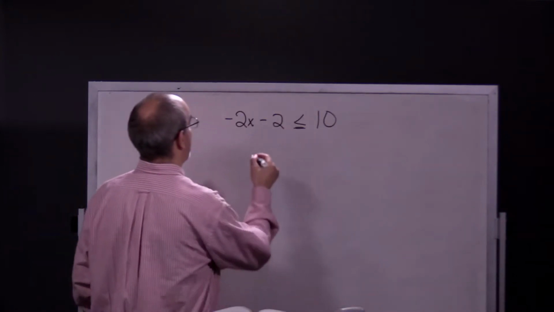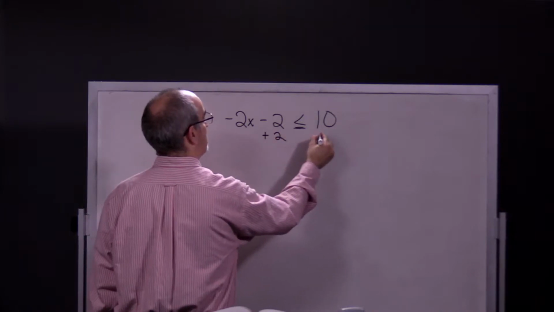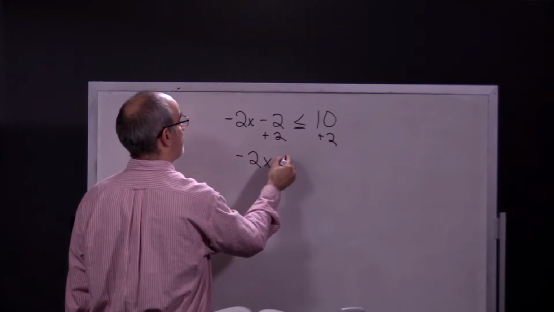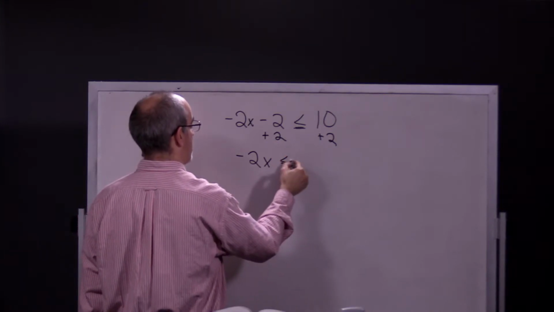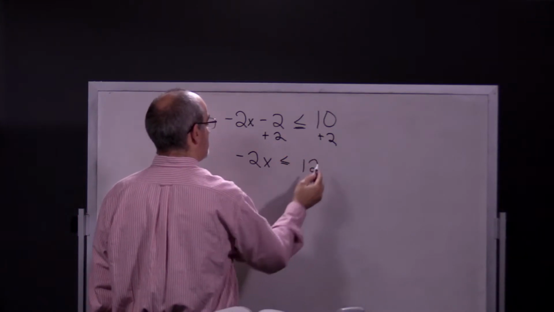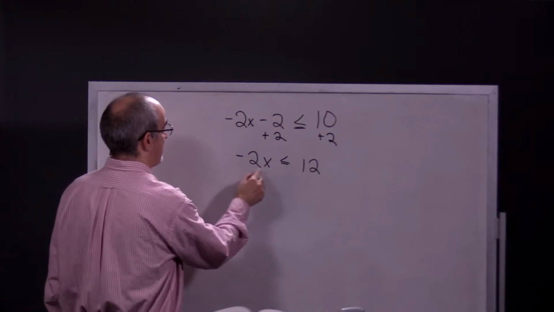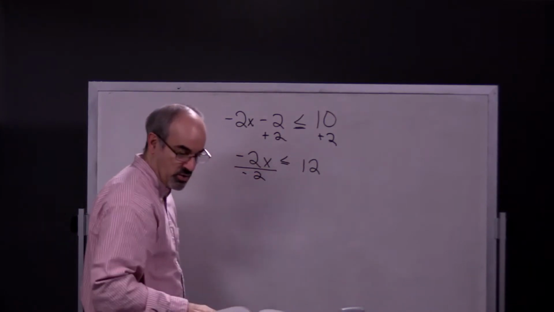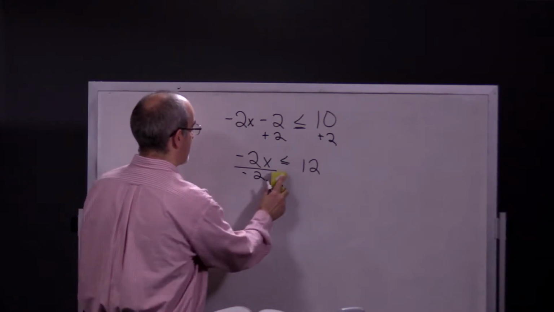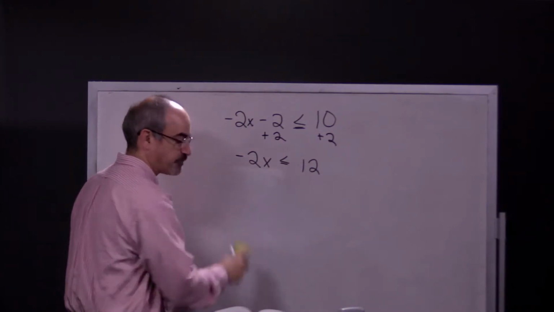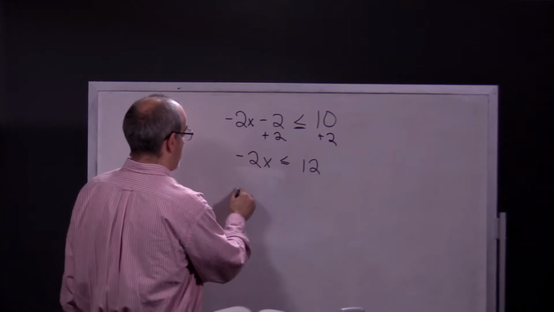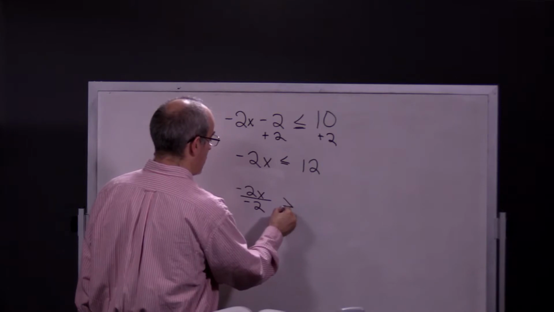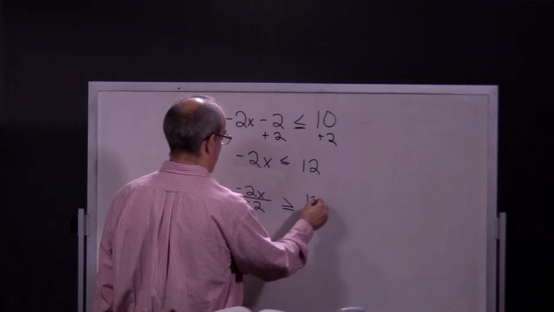So in other words, I can add 2 to both sides, and I'm left with -2x is less than or equal to 12. Now I'm going to divide by -2 because I want x by itself. I'm going to show you that in a whole different step. So I'm going to divide by -2, but remember, when you do that, you have to flip the direction.